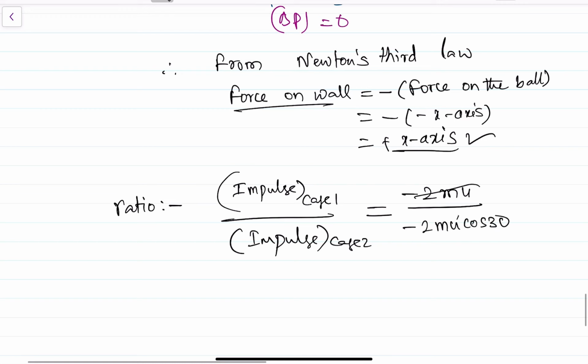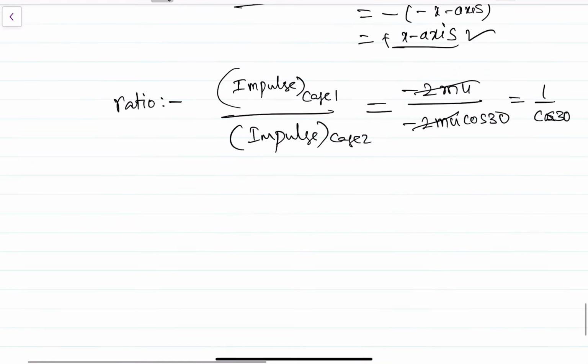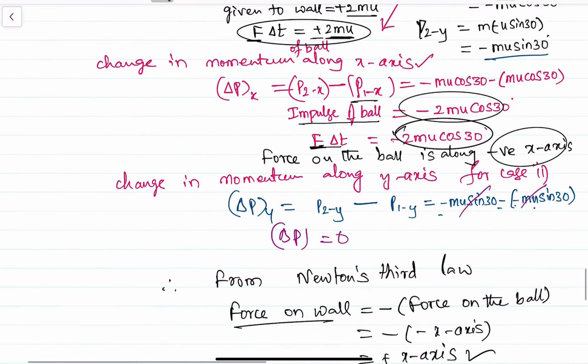So 2 mu cancels, and it is nothing but 1 by cos 30, which is equal to 2 by root 3. That is the final answer.